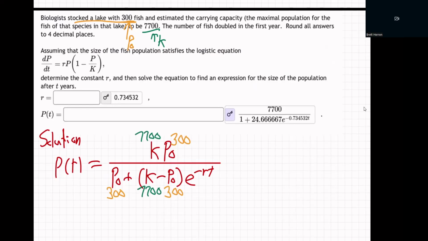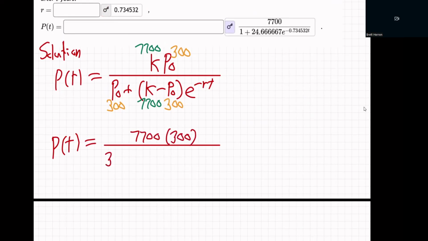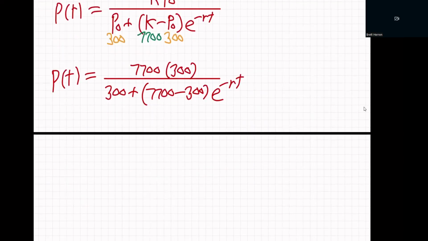The only thing we don't have is r. We're supposed to find r. So let's put this stuff in first, and then we'll see what we can do. So we have 7,700 times 300 over 300 plus 7,700 minus 300, e to the minus r t. Let me clean that up a bit.